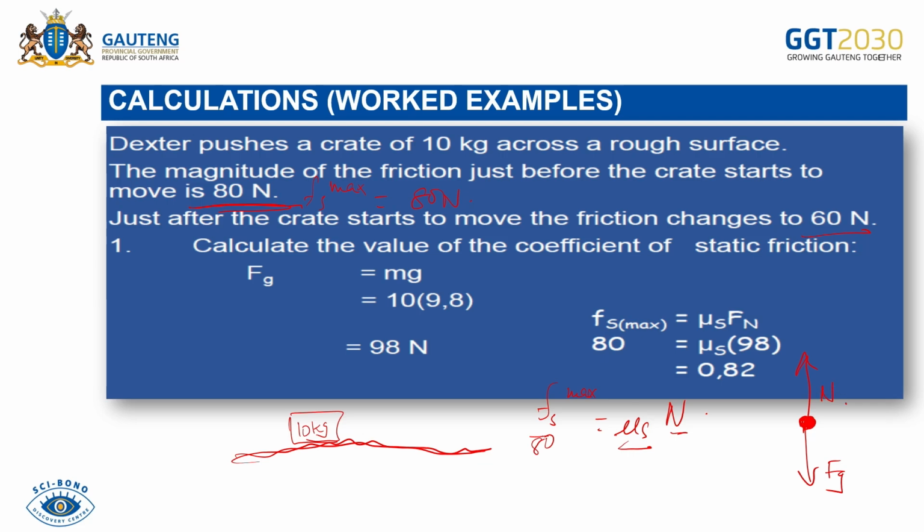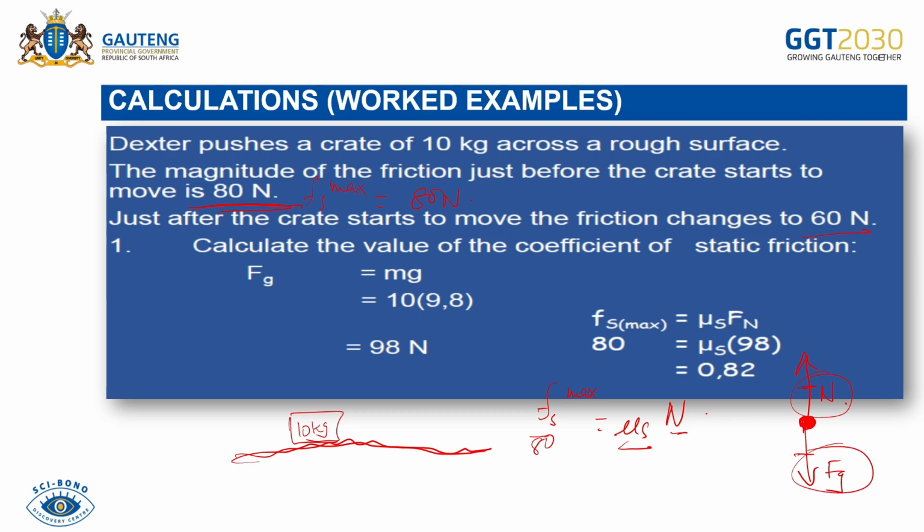What is important here is that this object is stationary, since they're looking for the coefficient of static friction. If an object is stationary, it means that forces are at equilibrium. So Fg and the normal force are equal in magnitude, but acting in opposite directions.